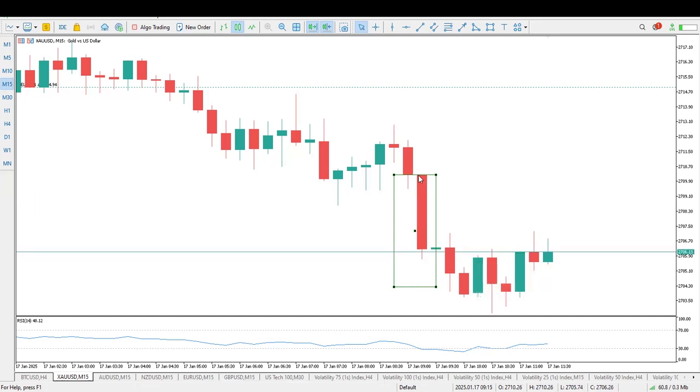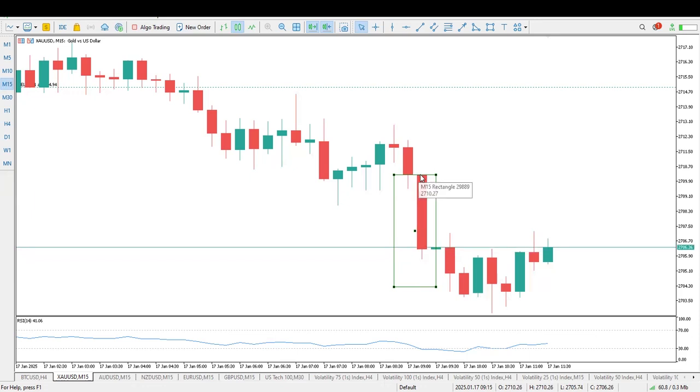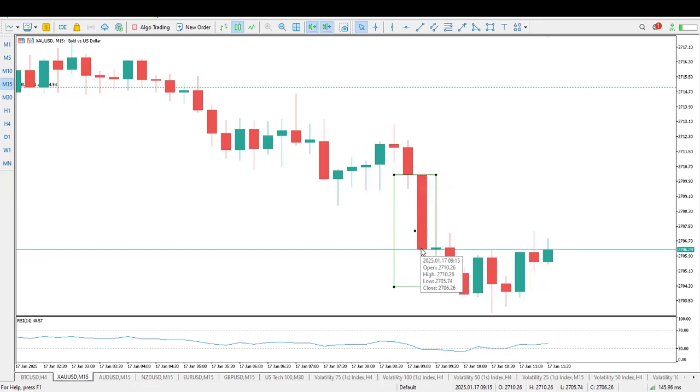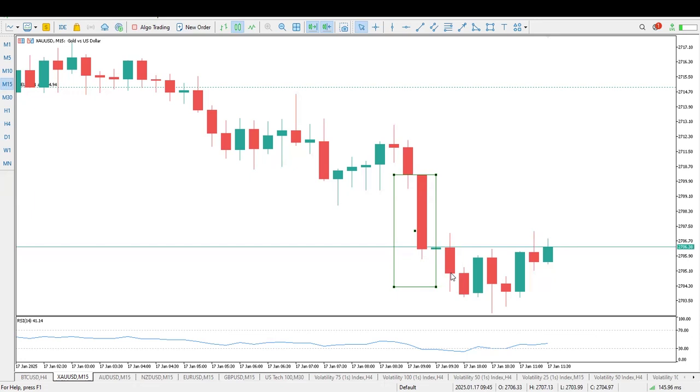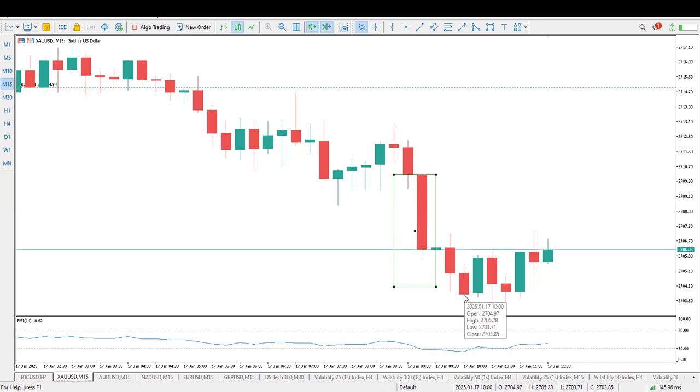Now, let me explain better. For a downtrend, a red candle will open at the top and close at the bottom. While for a green candle, it will open at the bottom and close at the top.